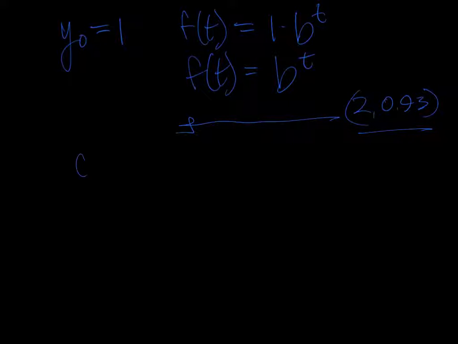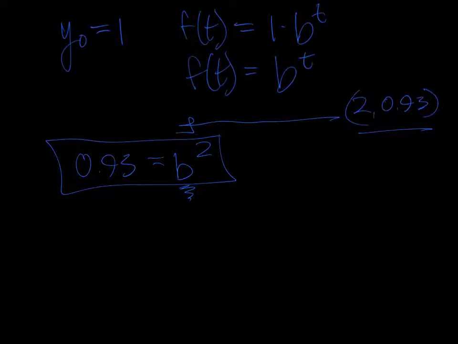So f of t is 0.93 when t is equal to 2. Now, to determine what the base is for this function, how would we take this equation and solve for b? Hopefully you're saying we take the square root of both sides, and we get 0.93 equals the base, because we took the square root of both sides.